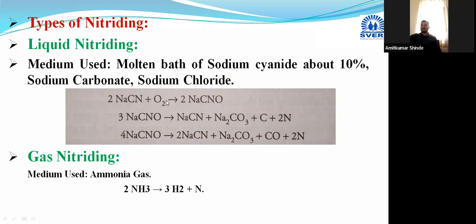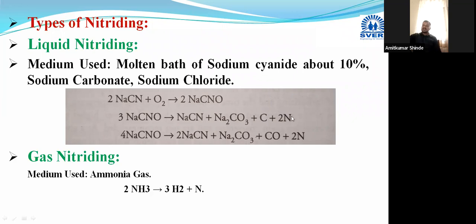This sodium cyanate will again decompose to form sodium cyanide, sodium carbonate, carbon, and nitrogen. This nitrogen will diffuse. Why does carbon diffusion not occur here? Because the temperature range is low, 500 to 550 degrees Celsius. Only this atomic nitrogen will get diffused into the steel.